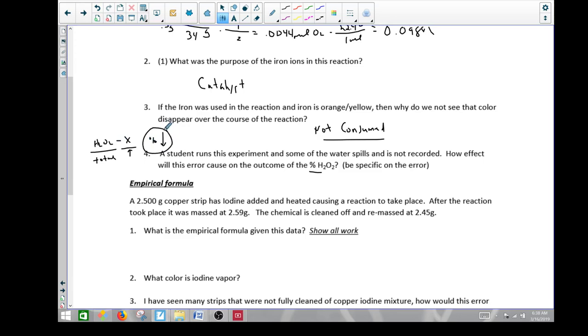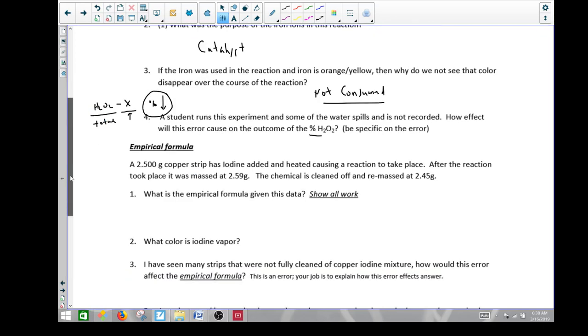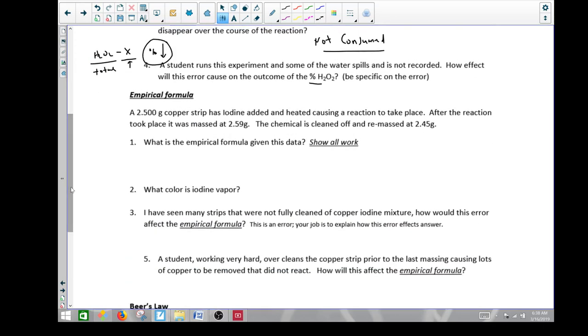All right, finally, last one here, again a pretty common experiment: empirical formula. A copper strip has iodine added and is heated, causing a reaction to take place. After the reaction took place, the mass was 2.59, and the chemicals were cleaned off and remassed at 2.45.